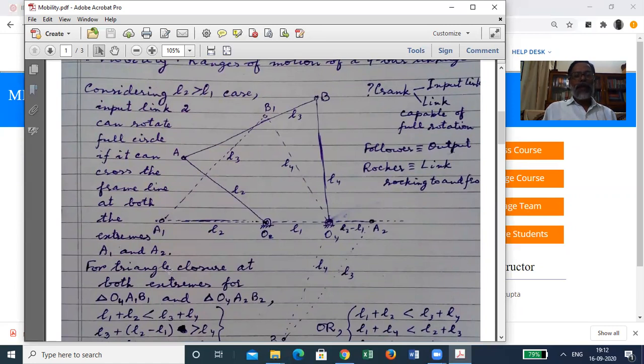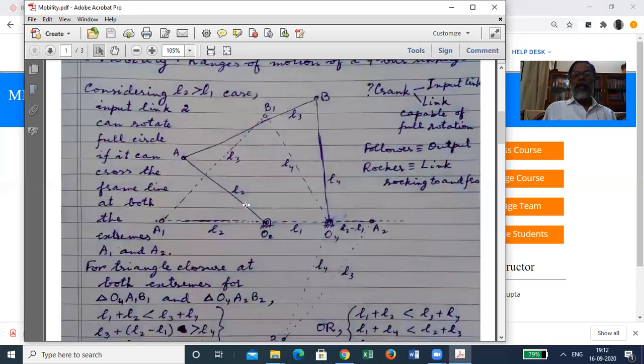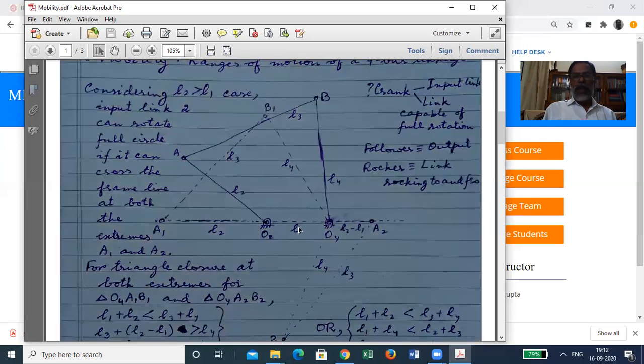If you fix link 2, and you ask for full circle rotatability of link 1, that you are getting, because relative to link 1 you got full circle rotatability of link 2.